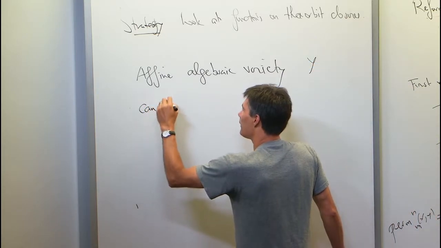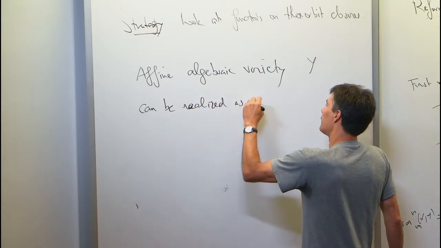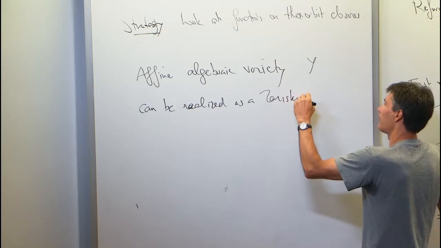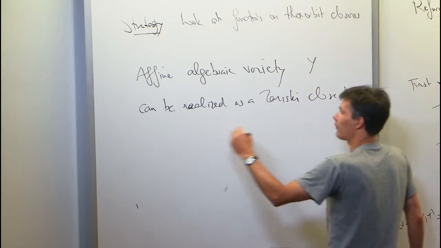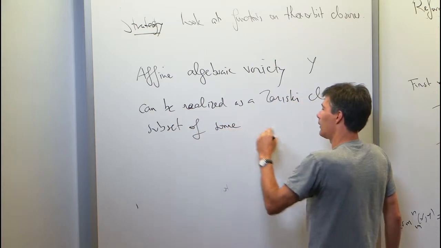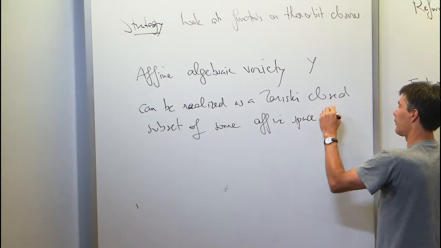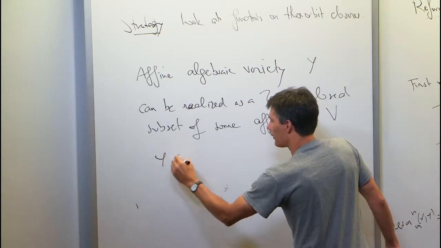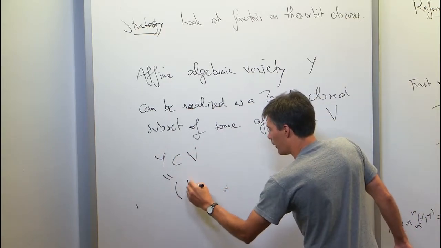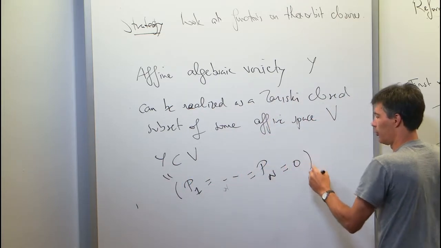It can be realized as a Zariski closed subset of some affine space V. So you have Y inside of V, given by the set of solutions of some finite collection of polynomials.